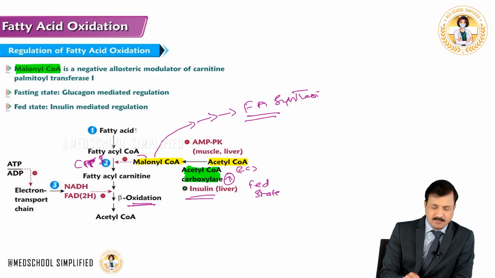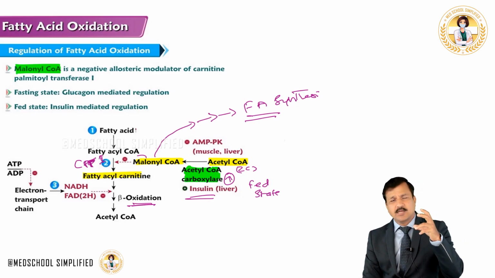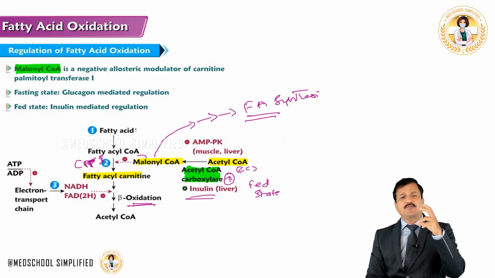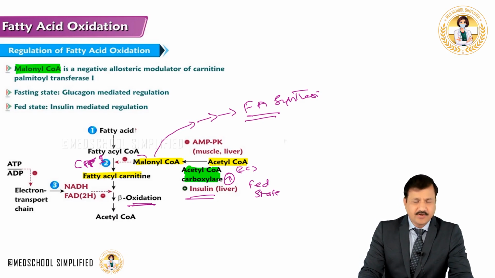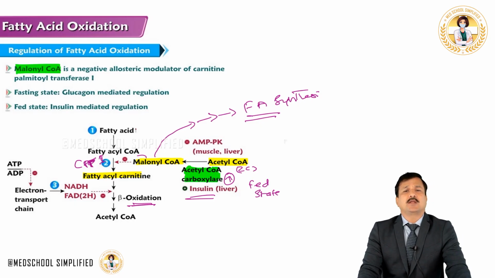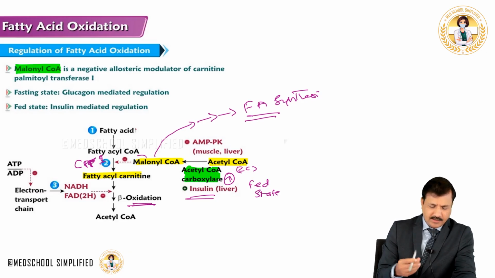We have seen that in our previous chapter, on the mechanism of transport of long chain fatty acids into the mitochondrial matrix. Whenever fatty acid synthesis is going on, fatty acid oxidation should not go on at the same time. Remember that. So when malonyl-CoA is synthesized at high concentration in the cytoplasm, it goes and inhibits an enzyme located on the outer mitochondrial membrane.